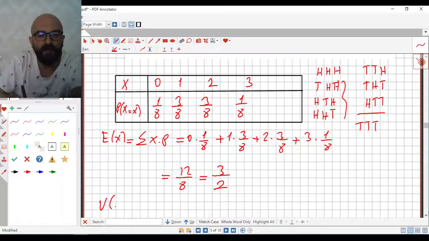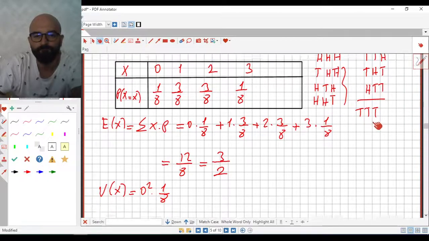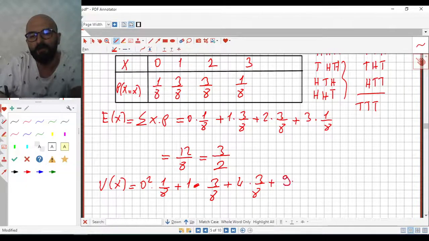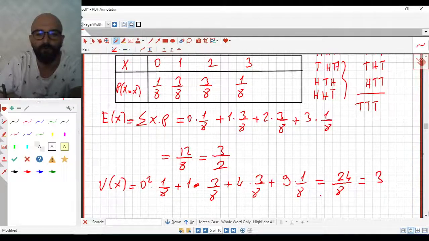And the variance: 0 square multiply 1 over 8 plus 1 square 3 over 8, 2 square 3 over 8, 3 square 1 over 8. So 24 over 8 means 3.